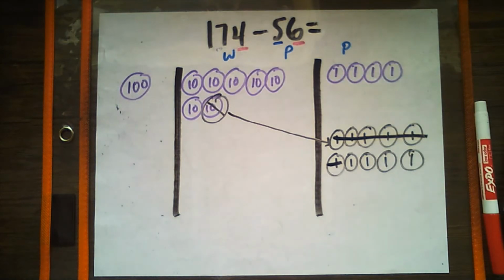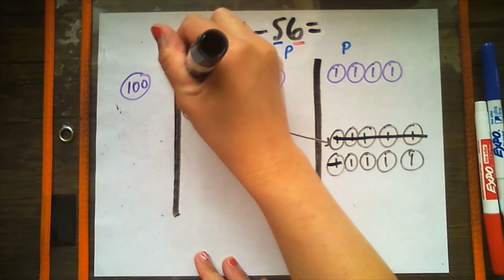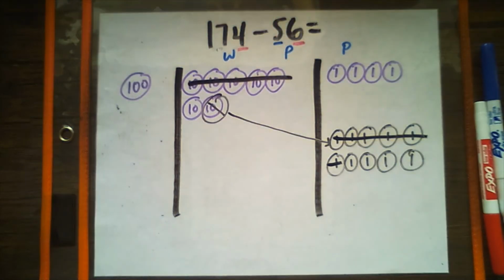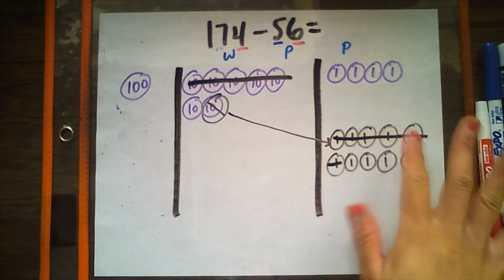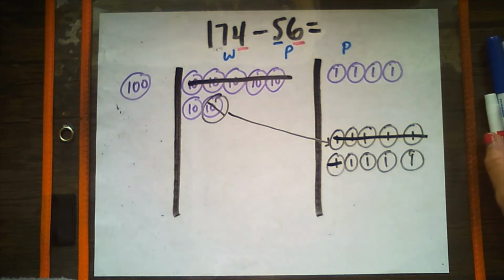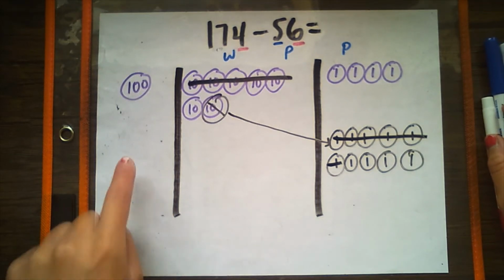Yes. I think we are ready to subtract. Let's go ahead and take 5 tens away. And we already finished taking away 6 ones. So, I also see that we have 100.